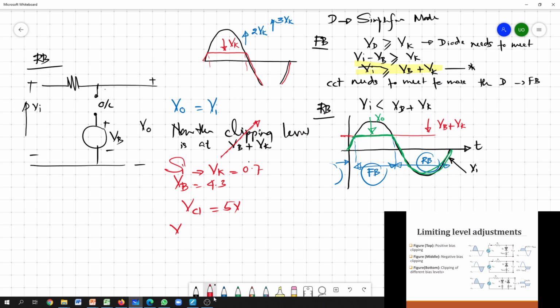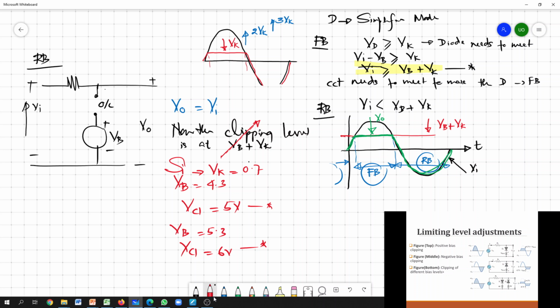If you set VB to 5.3, then the clipping level would be 6 volt. Likewise, by adjusting the bias voltage, you can change the clipping level as you wish.